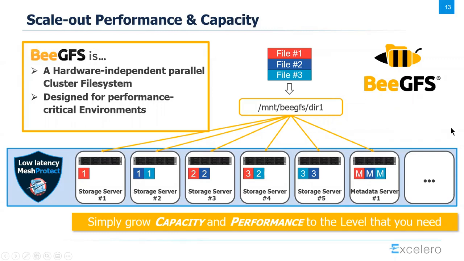So again, you have this idea of very high performance and aggregation of the capabilities of all of your servers. You can also note that in the case of BeeGFS, the metadata server is separate from the storage servers. And in fact, you can have more than one metadata server, which allows different performance tuning and different performance profiles dedicated for metadata usage, as opposed to bulk transfer for storage.